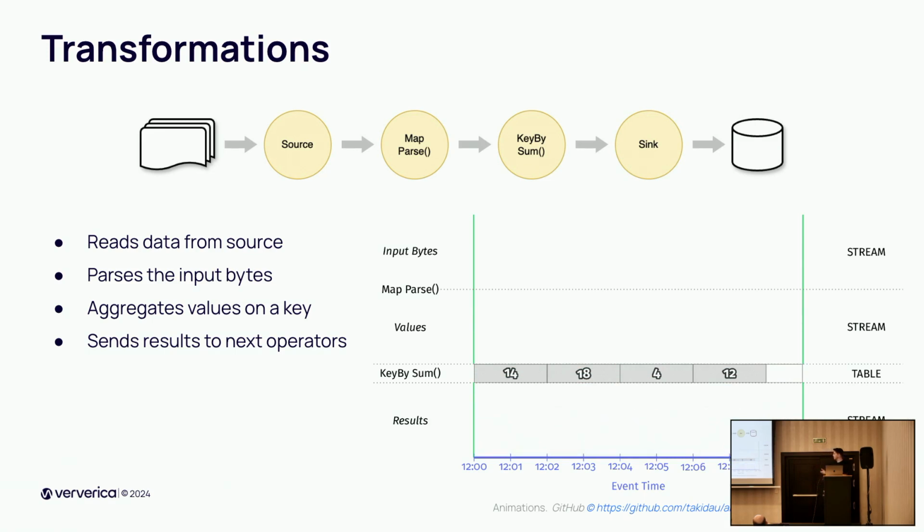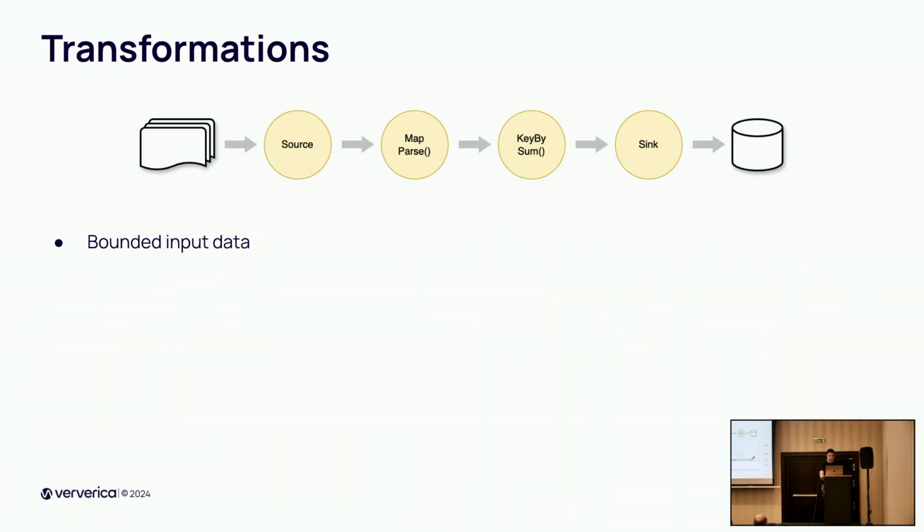At some point, there will be an indicator, like end of input, end of file, or last record. Once that indicator is received by the aggregation operators, they send the results to the next operator as a stream, which the sink can write to a database, file, or another third-party system.